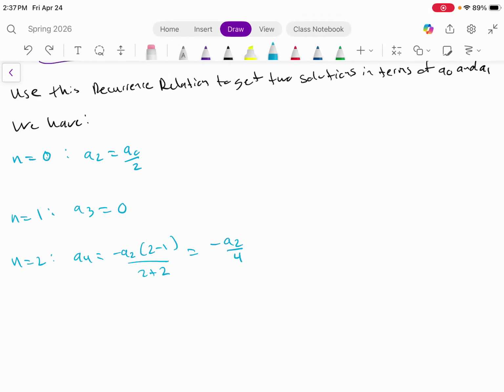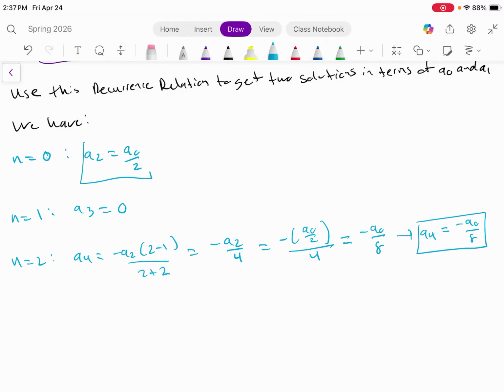I know it's a naught over 2, so I could rewrite this as negative a naught over 2 all over 4. And so I end up with negative a naught over 8. So a4 equals negative a naught over 8. And I guess I'll box these two.